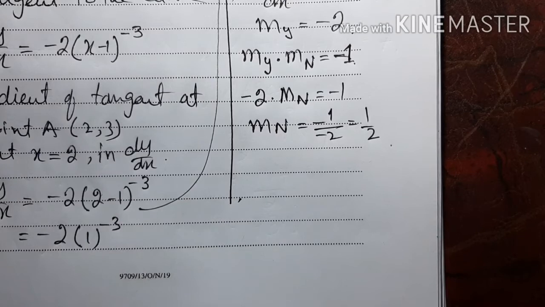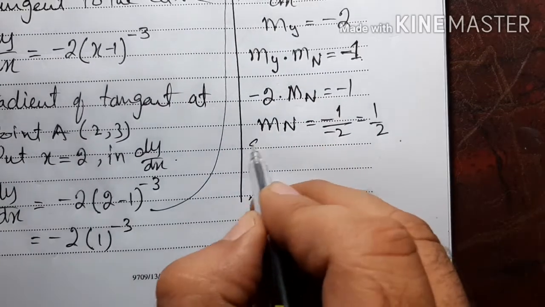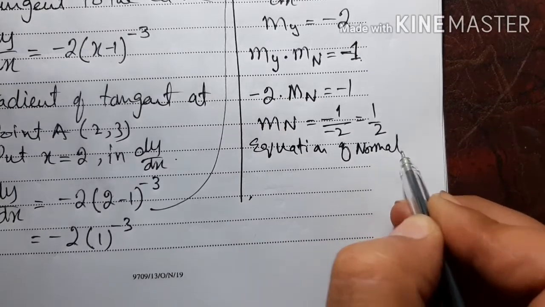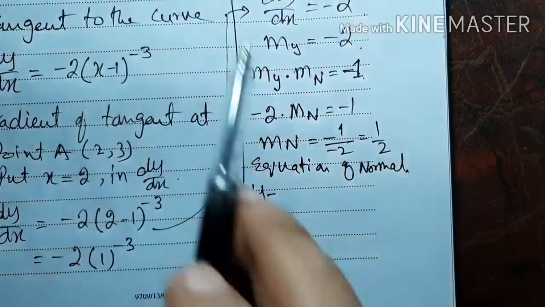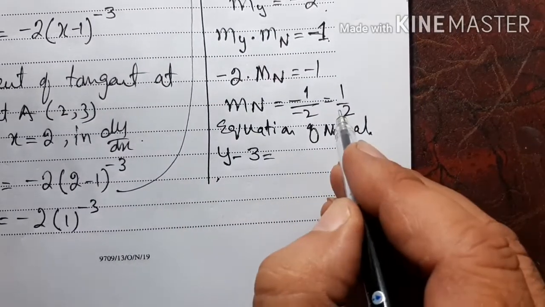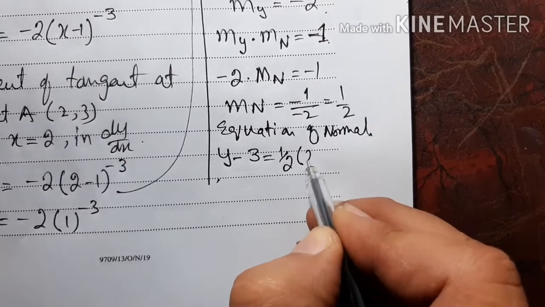Okay. Now I will use the point-slope form for the equation of the normal. Therefore, the equation of the normal is y − y1 = m(x − x1), because the normal is also crossing this point. So y − 3 = 1/2 (x − 2), where the gradient of the normal is 1/2.